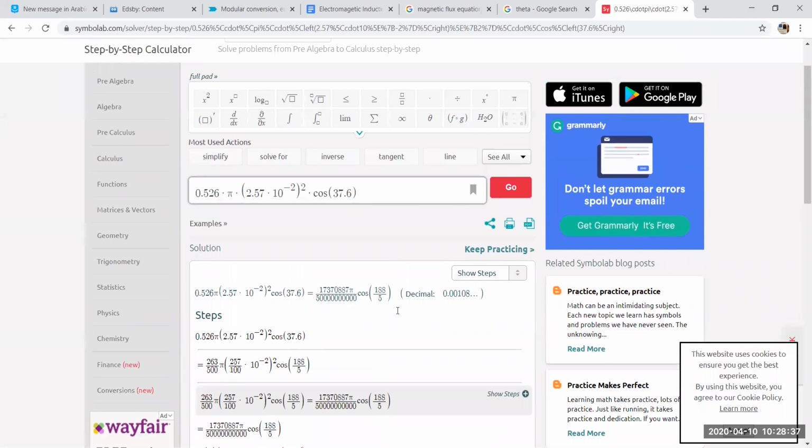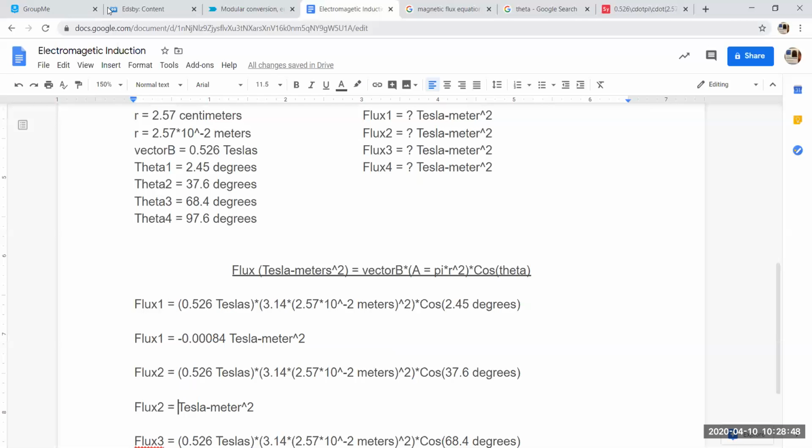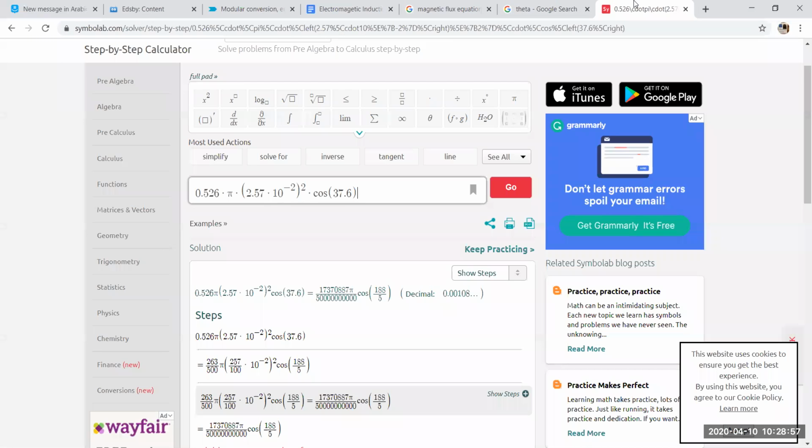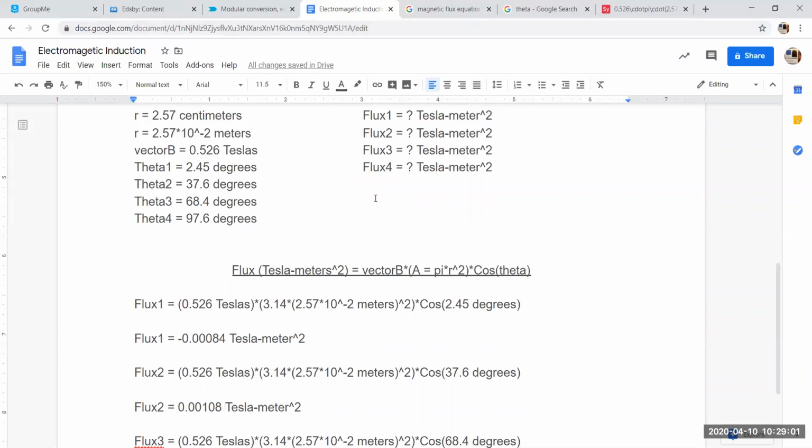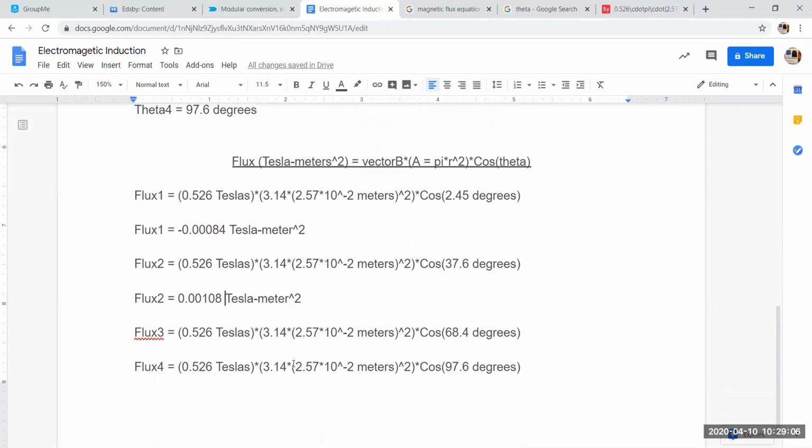Just take your time and go through it. So the next value is going to be equivalent to 0.00108. And let's see, was that negative? Nope, that was positive. We give it some more degrees, it gets more positive. Start with 2.45, 37.6, it gets positive. Okay, let's move on.